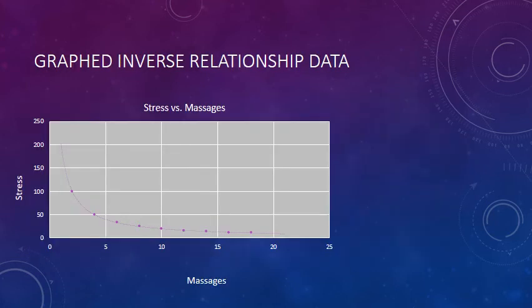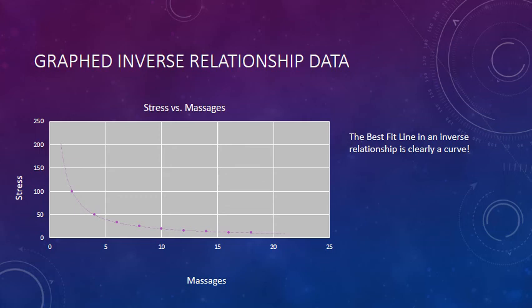I'm going to go ahead and graph this ideal data just to show you how it looks on a nice clean graph. So this is the stress versus massages we were just talking about on a graph, and you'll notice that when you make the best fit line for an inverse relationship, it's actually not a line, it's a curve. That data is clearly not staying in the same line.